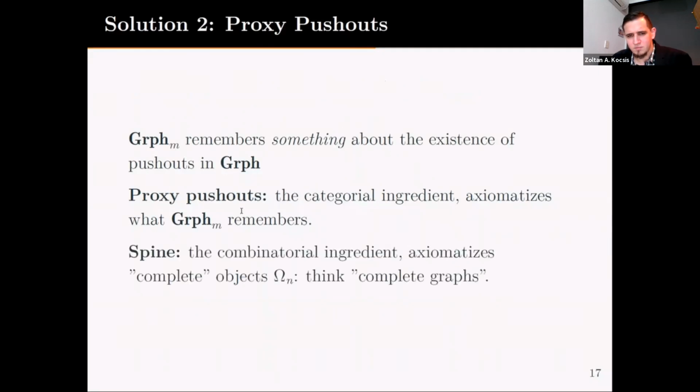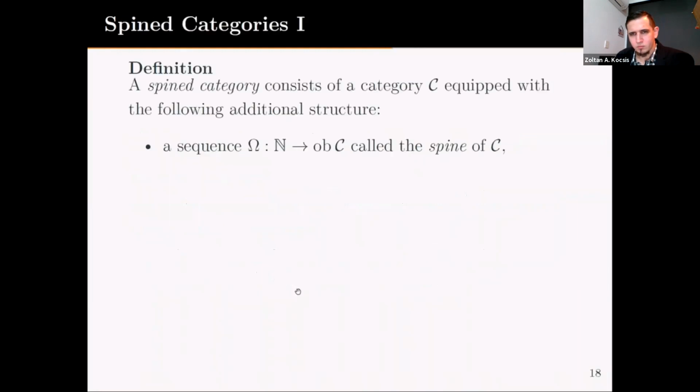Now there's also a minor ingredient, a combinatorial ingredient, and that's gonna be a sequence of objects, omega n, which is gonna axiomatize what it means to be a complete object, like a complete graph that we've seen before. So finally, we get to see that definition that I've been talking about all along. So spined category is going to be a category with some additional structure.